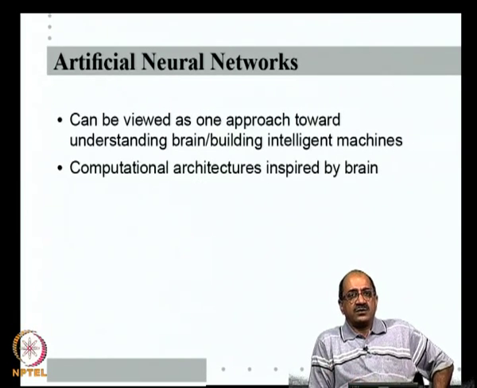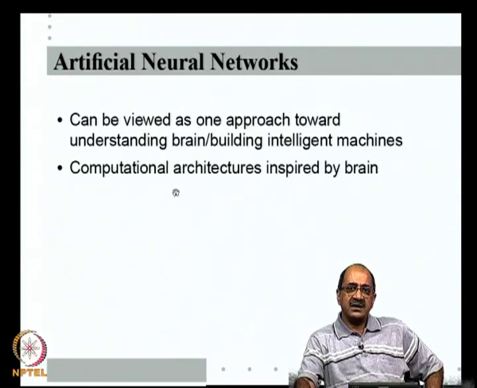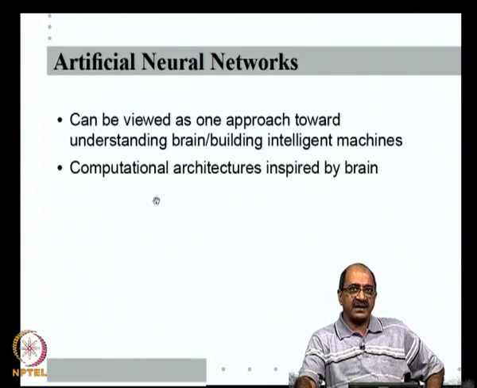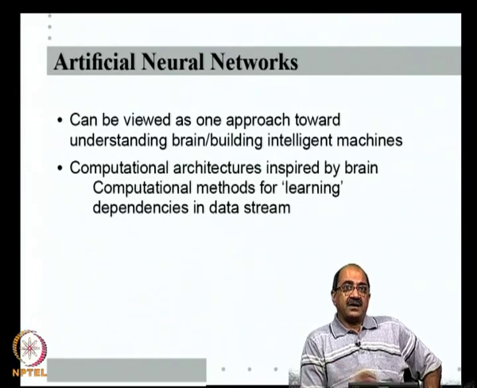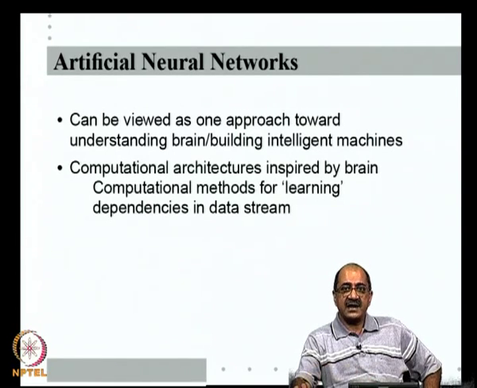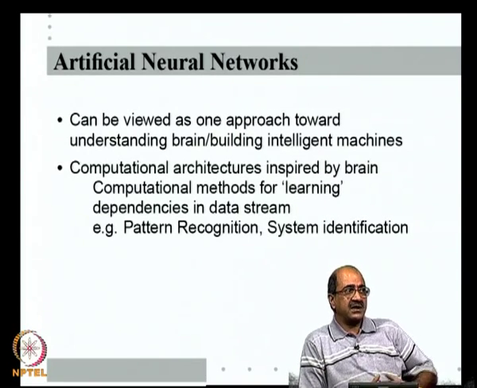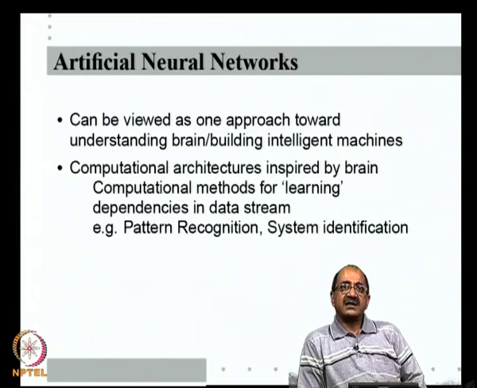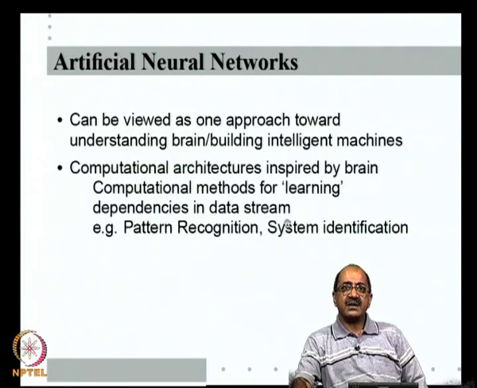So, it represents a computational architecture inspired by the structure of the human brain, or the mammalian brain, or the brain of any intelligent organism. It gives rise to computational methods for learning dependencies in data streams. Just like expert systems on the symbolic AI side, there are many interesting applications that came from this, system identification, pattern recognition, and so on, and some interesting methods of learning using these structures.